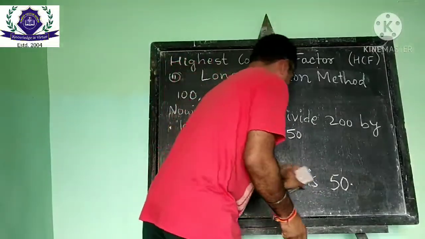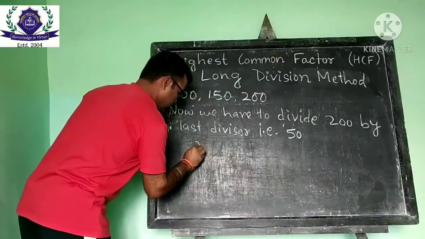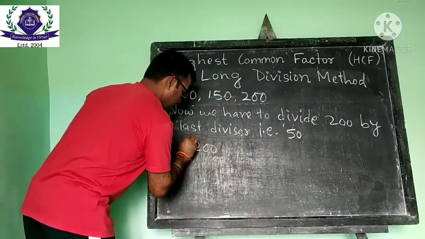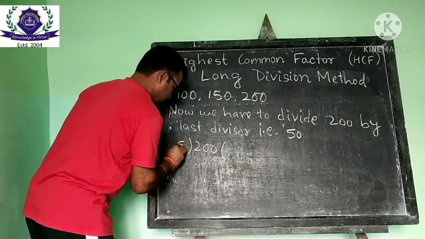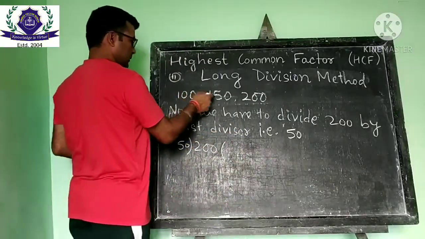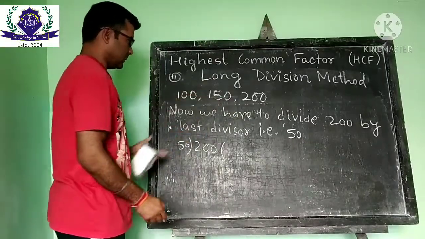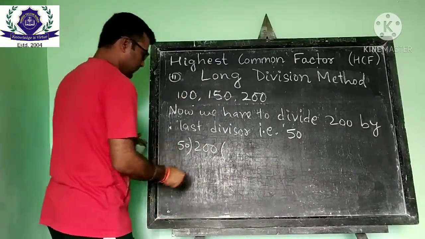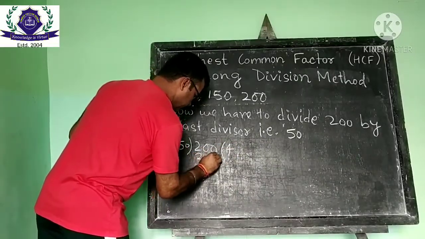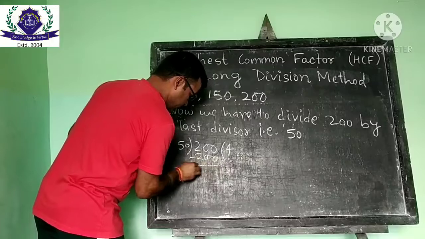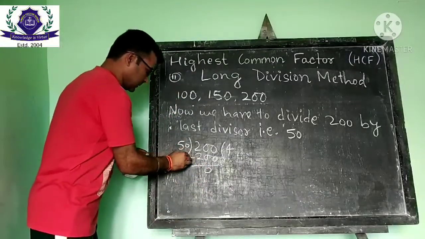So once again let us divide 200 by 50. The last divisor of 100 and 150 was 50. So we have to divide the remaining number by that 50. So 50 fours are 200. So 200 minus 200 is 0. Now here the division ends. So this is the last divisor.